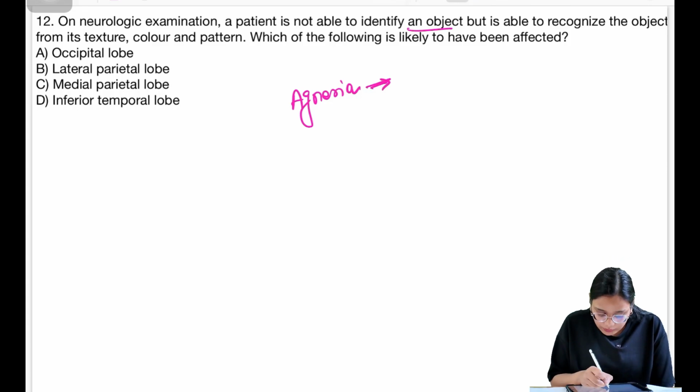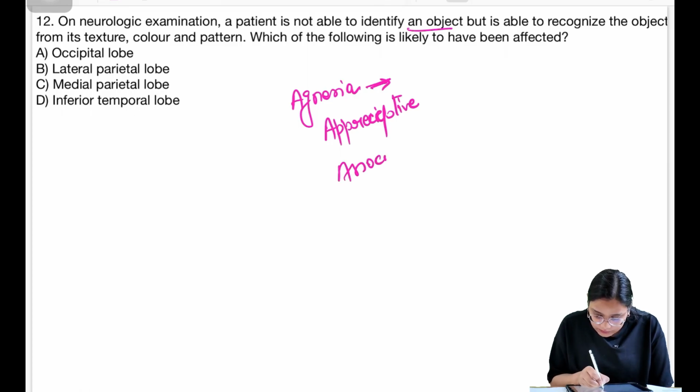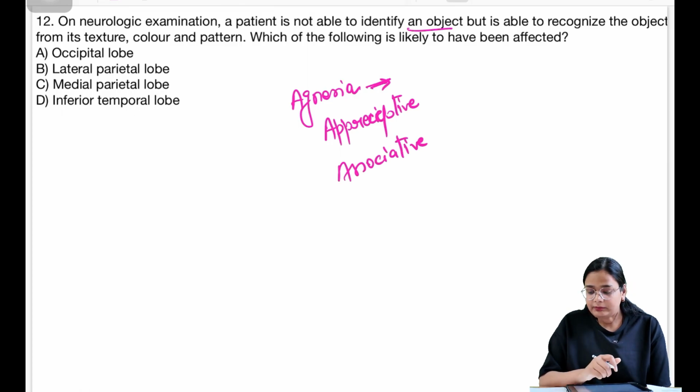This agnosia is of two types. It can be apperceptive or it can be associative. Apperceptive means the image is totally distorted, meaning the image is not properly forming, that's why we are not able to identify.